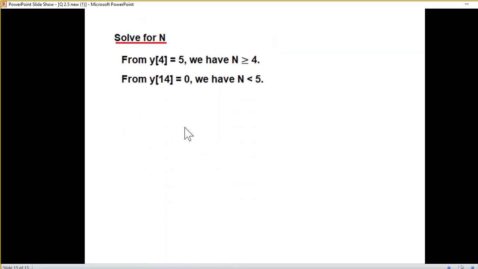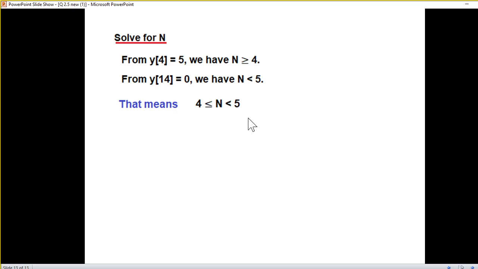Okay, so now to solve for n, we have two conditions. From y4 is equal to 5, we found that n is greater than or equal to 4. And from y14, we found that n has to be less than 5. There is no equal, just less than 5. That means we can say that n has to be greater than or equal to 4, but less than 5.